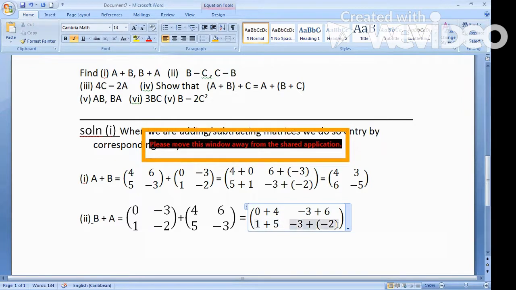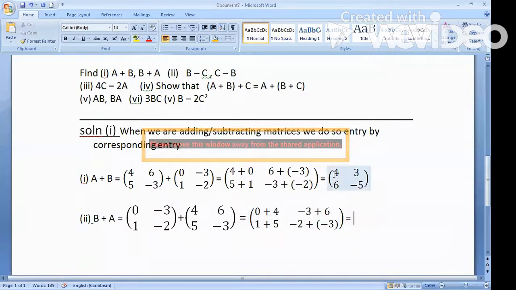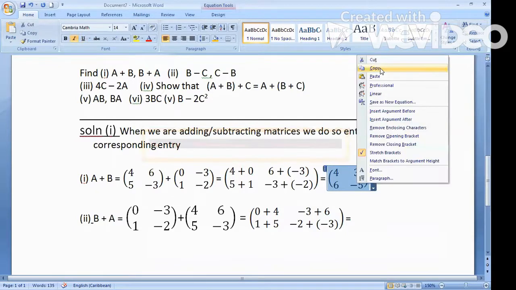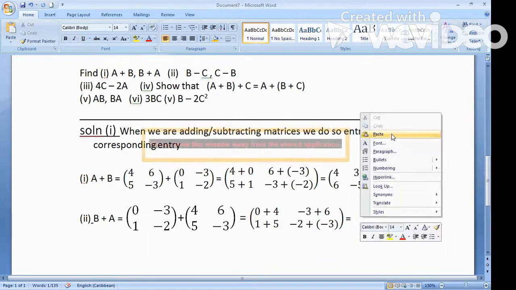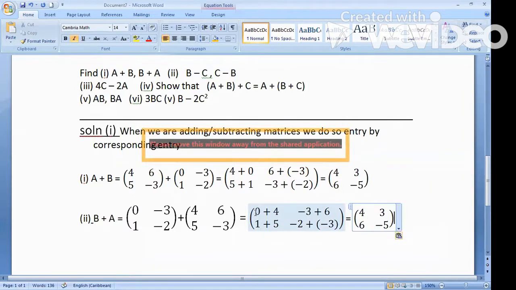And then this one here, you'll get -2 plus -3. Equal, I'm just going to copy this. As you can see, we get the same thing, right? Yes, sir. Because 0 plus 4 is 4, -3 plus 6 is 3, 1 plus 5 is 6, and this one here is also -5.